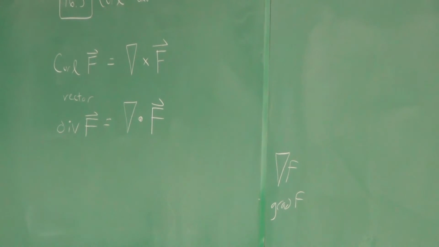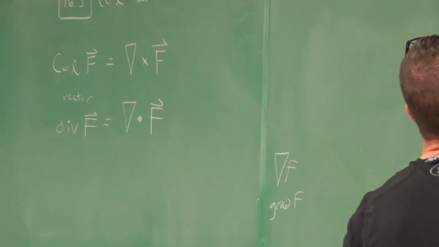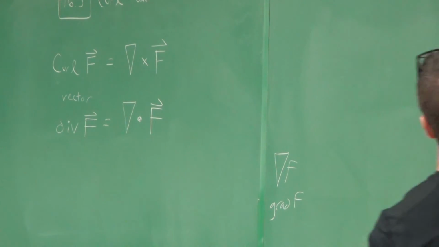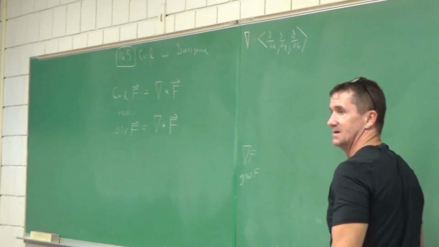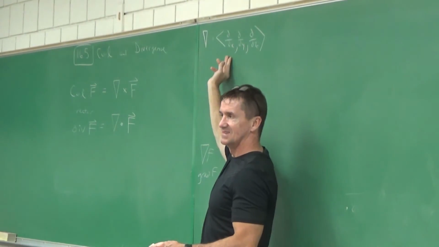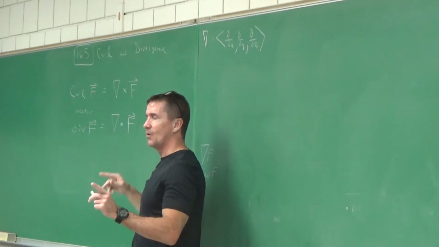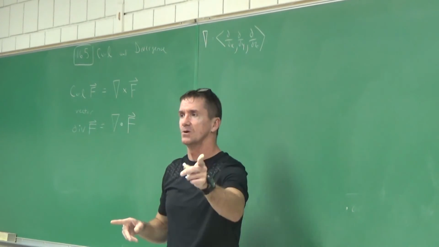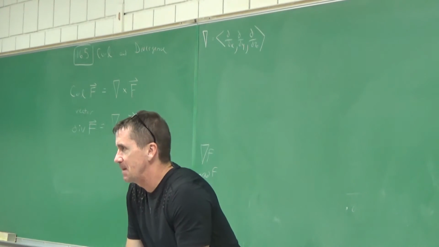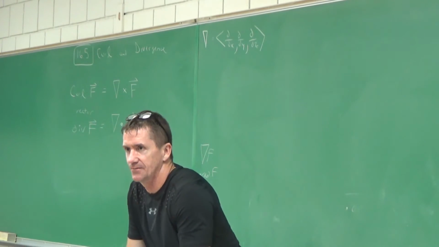What is divergence of vector field f? Divergence of f is a dot product of del with the vector field. So, curl of a vector field is a vector. What's divergence of a vector field? Scalar. Maybe I should just say that a few times so you don't get confused.